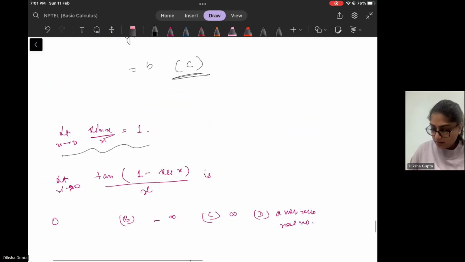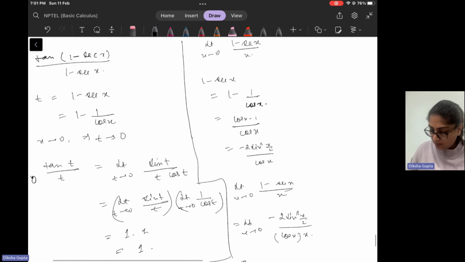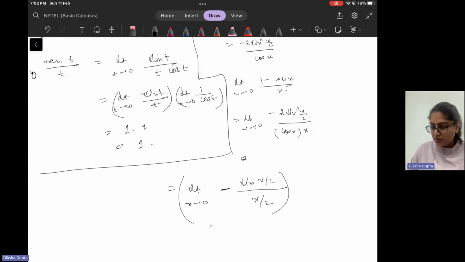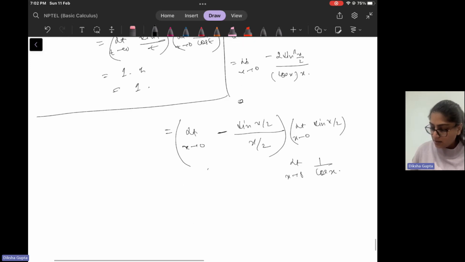Because if you take x by 2 equals y, x goes to 0, x by 2 goes to 0. And minus can come out, and this is sine x by 2 upon x by 2, and limit x tending to 0, 1 by cos x. So this is basically minus 1 into 0 into 1, which will give 0.